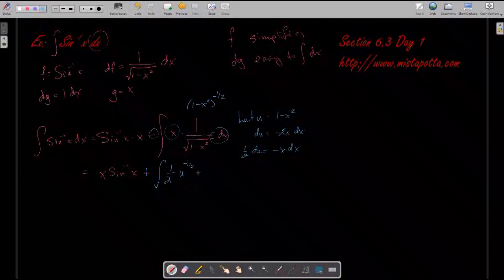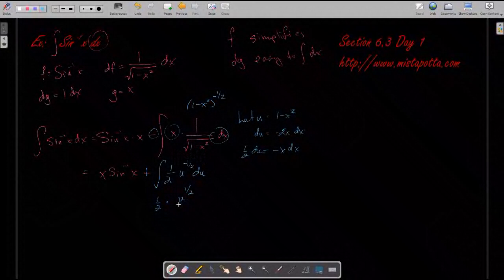And so now I can use the power rule on this expression. That's going to be 1/2 as a constant coefficient. I've got u to the 1/2, negative 1/2 plus 1 is 1/2, divided by my new exponent, and something happens here.